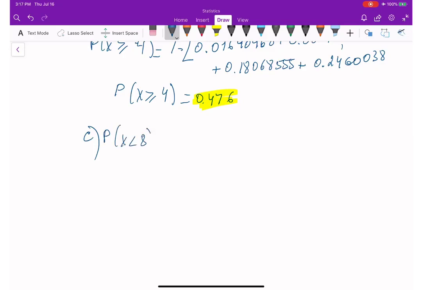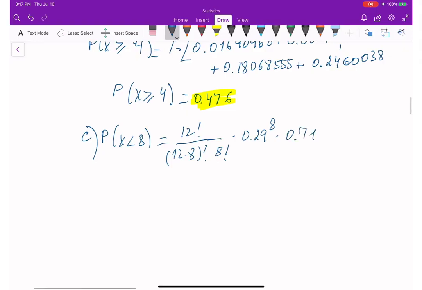It's going to be 12 factorial over 12 minus 8 factorial times 8 factorial, times 0.29 to the power 8 times 0.71 to the power 4. Because n is 12 minus x is 8, it's going to be 4.